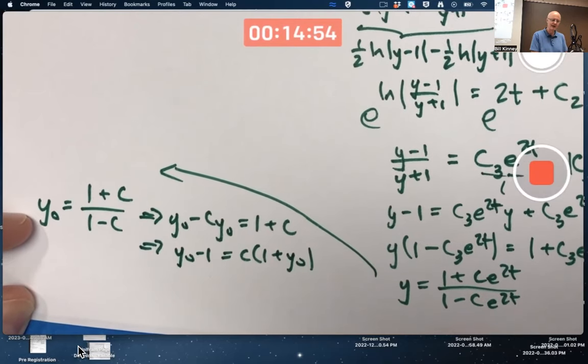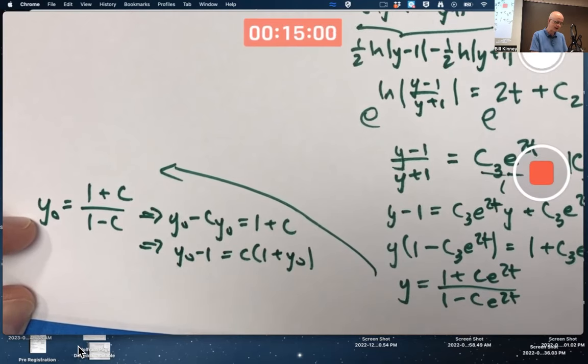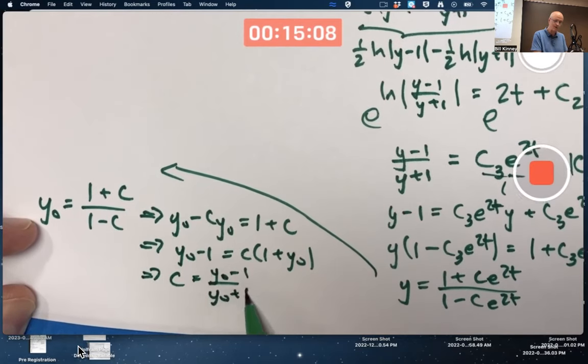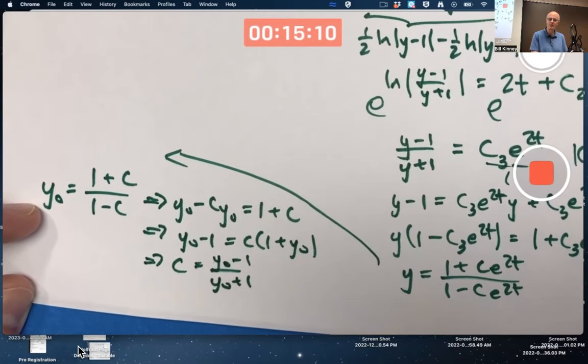I did a couple steps in my head there. Subtracted 1 from both sides, added C times y naught to both sides, and then on the right factored out a C. I guess I did three steps. So C looks like it's y naught minus 1 over y naught plus 1. Your y naught was 2, so maybe you got 1/3 for C.